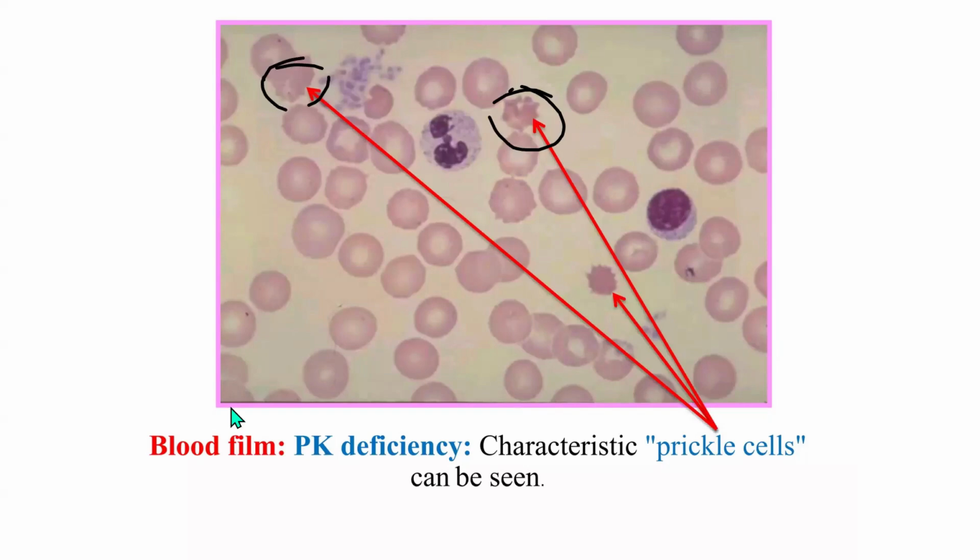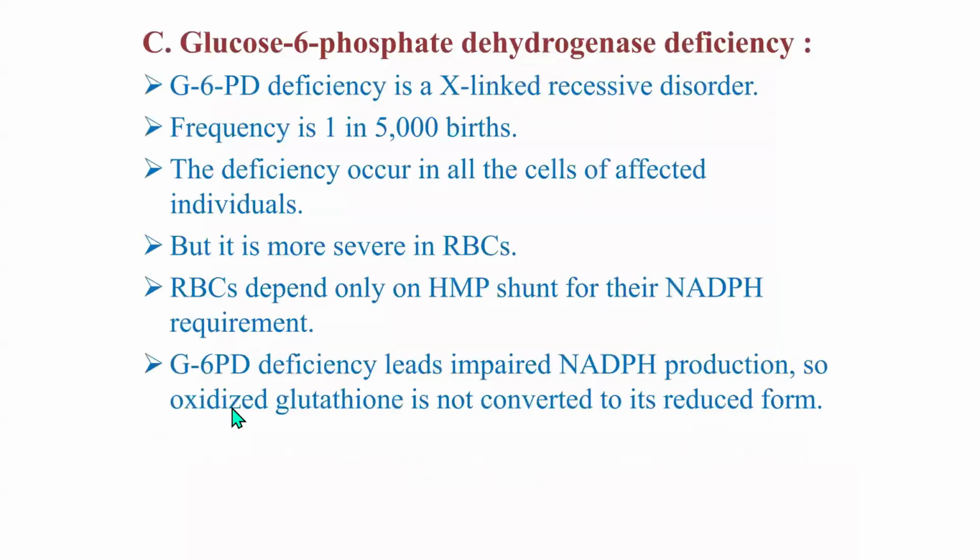And then, of course, the next thing is glucose 6-phosphate dehydrogenase deficiency. Glucose 6-phosphate dehydrogenase deficiency is an X-linked recessive disorder, and the frequency it occurs in is 1 in 5,000 births.